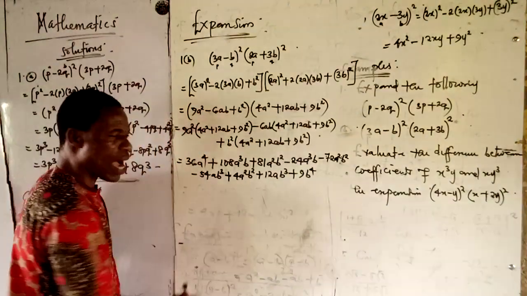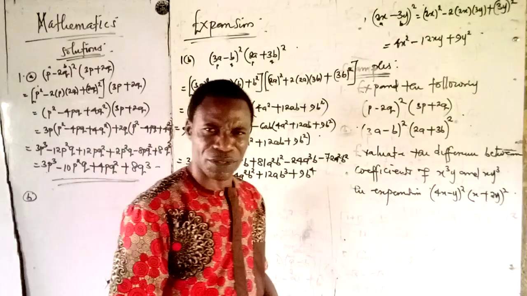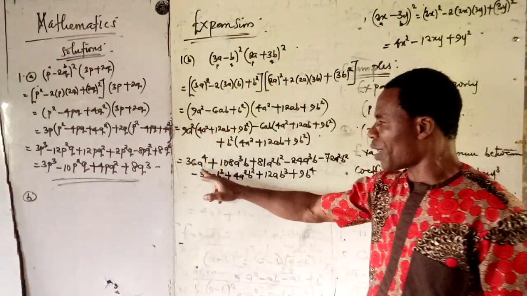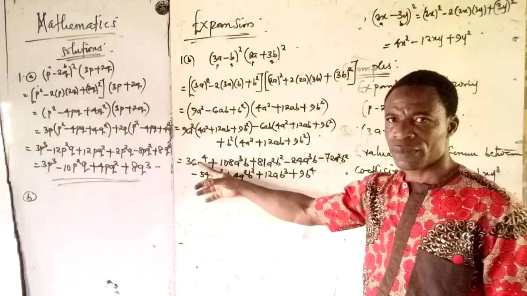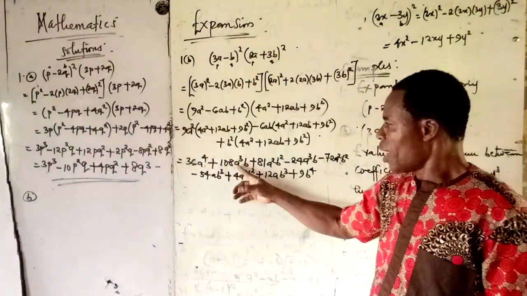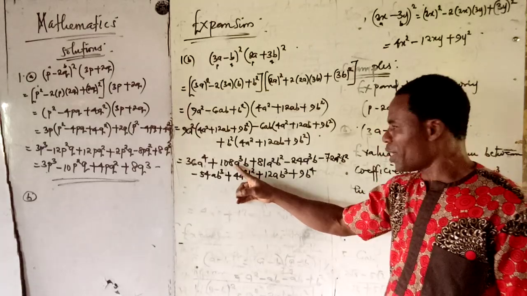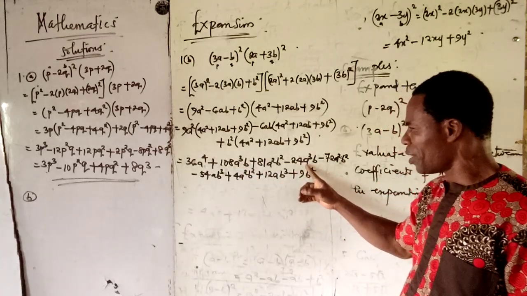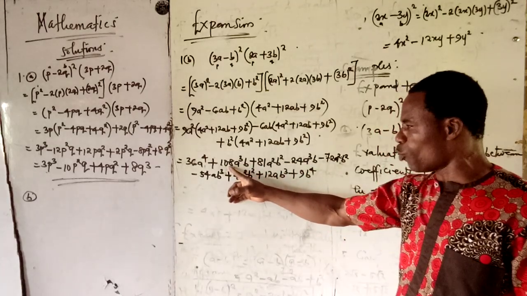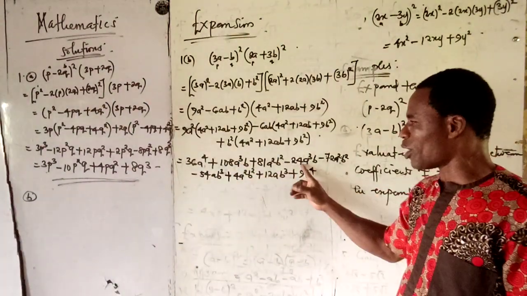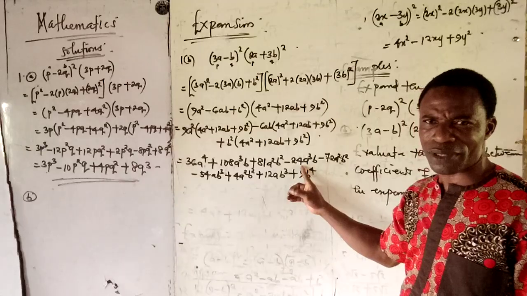Now, looking at this, we are going to collect like terms. What are the like terms? Look at a4. A4 will stay where it is. Look at this a cube b and this a cube b. This is plus 108 a cube b minus 24 a cube b, and they are going to be collected as like terms.